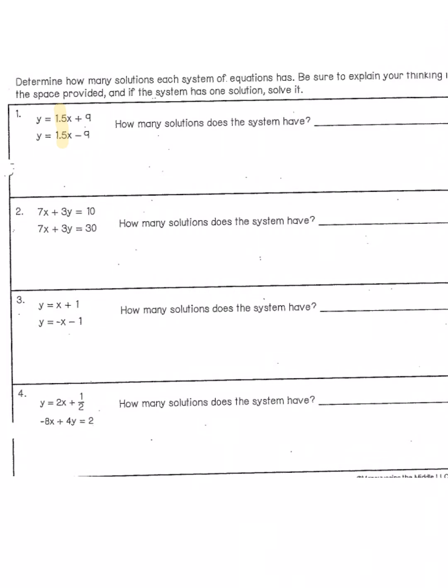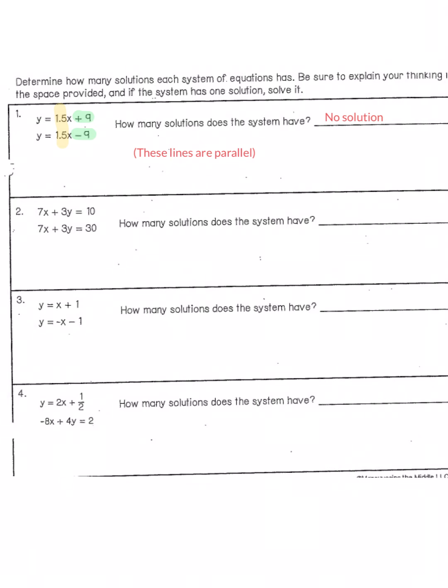But you should notice their y-intercepts. This one has a y-intercept of positive 9, and this one has a y-intercept of negative 9. So they have the same slope but different y-intercepts. That means this has no solution. These lines, in fact, are parallel.